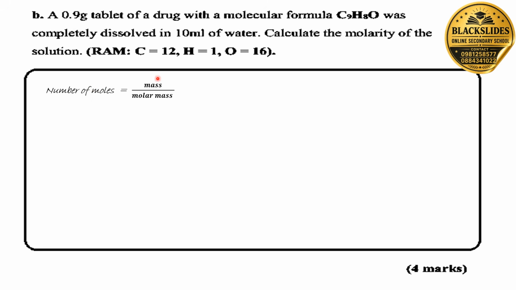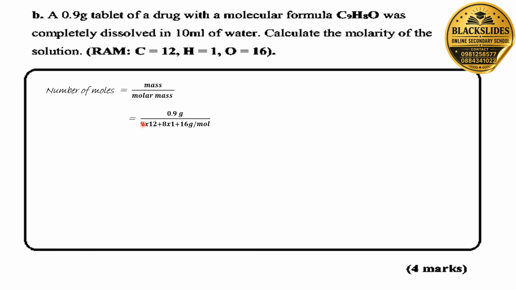Number of moles is equal to the given mass divided by the molar mass of the compound. So substituting into the formula, the mass is 0.9 grams. The molar mass can be calculated from the given formula and the RAMs of the atoms making up the formula.